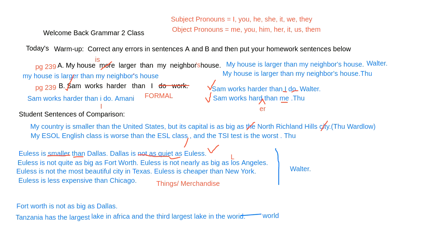Or you could say things in Euless, or merchandise in Euless is cheaper than in New York. Yeah, that's good. And then Euless is less expensive than Chicago. Yeah, things in Euless are cheaper or are less expensive.